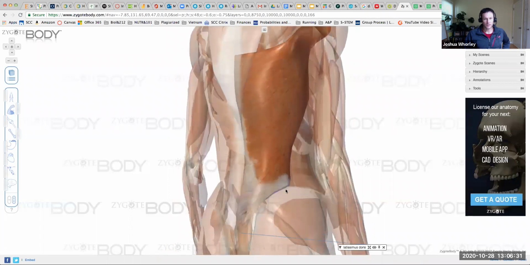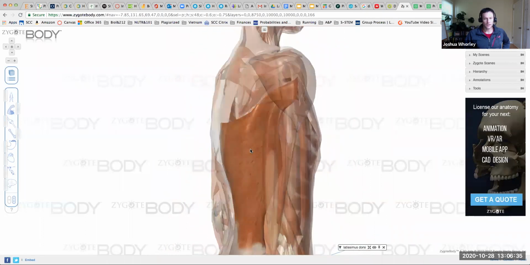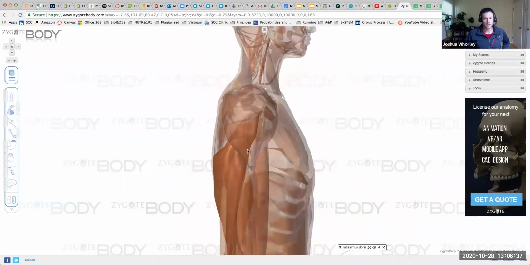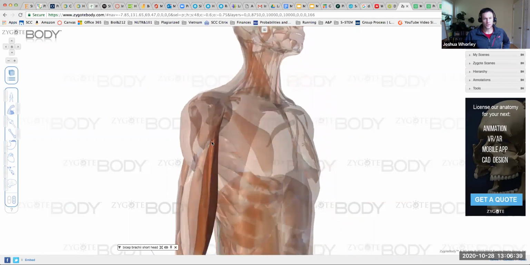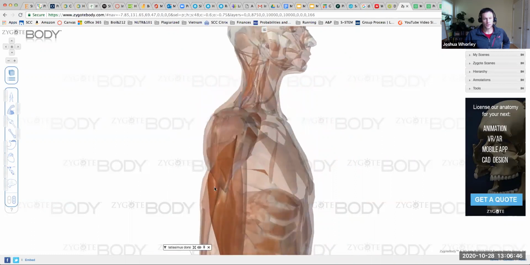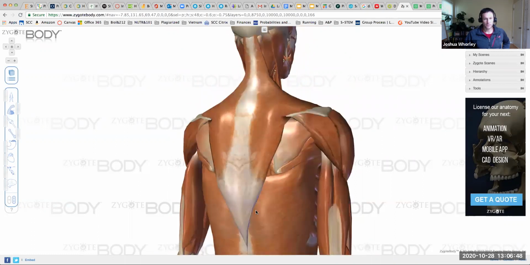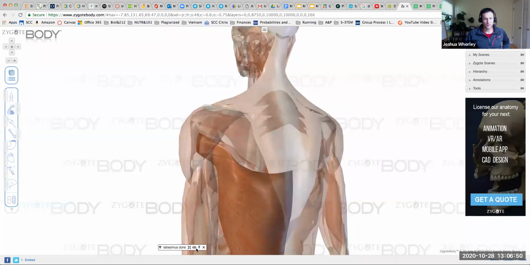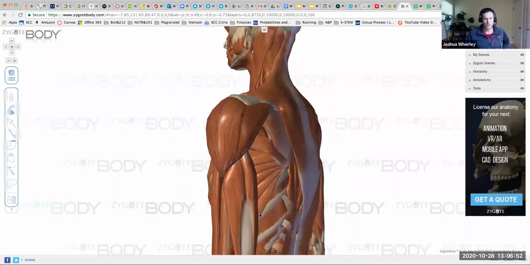You can see its origins all over here, a lot of origins, and this huge muscle with these big origins is inserting just on the anterior portion of the humerus, right? We'll take a look at that one soon. Let's get rid of this one though, so we can see the serratus anterior.